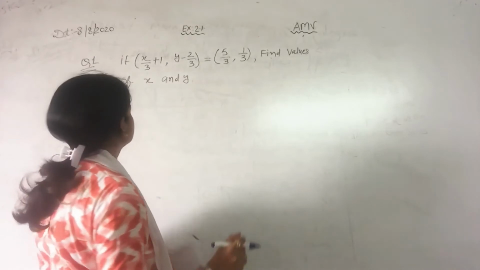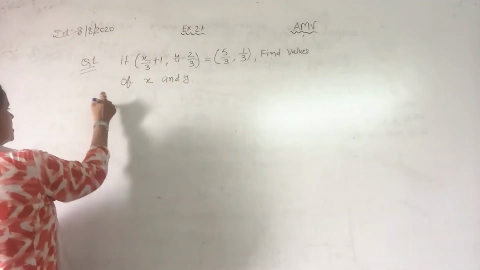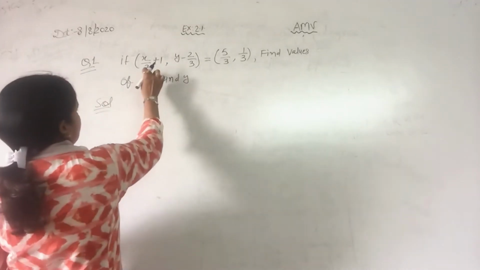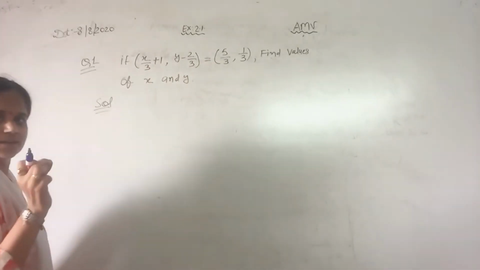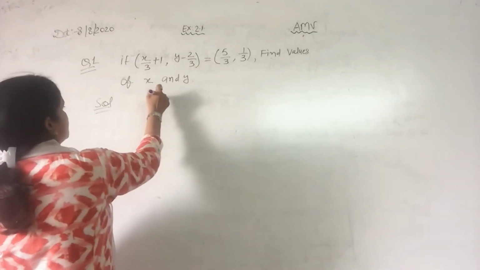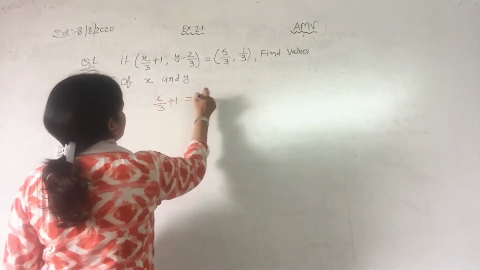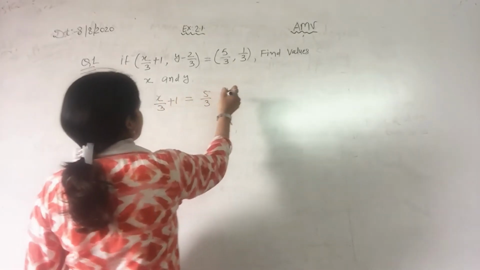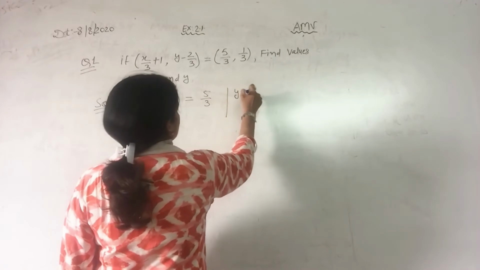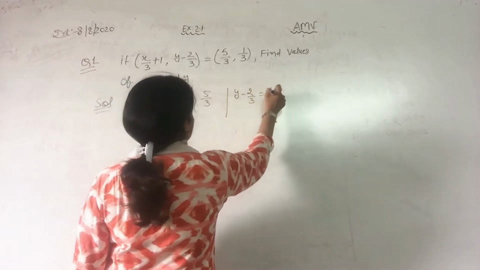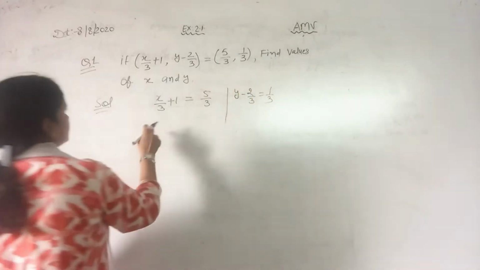Very simple, students. For this question, equate the corresponding elements. So x/3 + 1 is equal to 5/3 and y − 2/3 is equal to 1/3. Solve the equations.